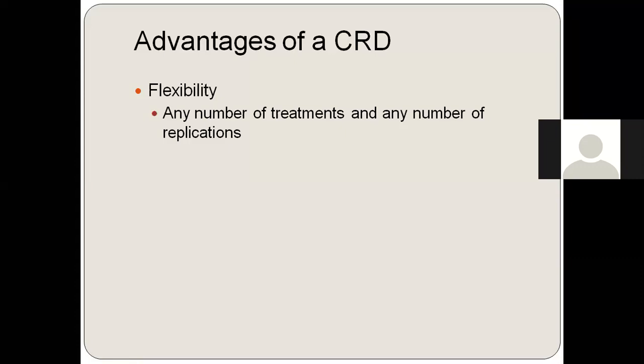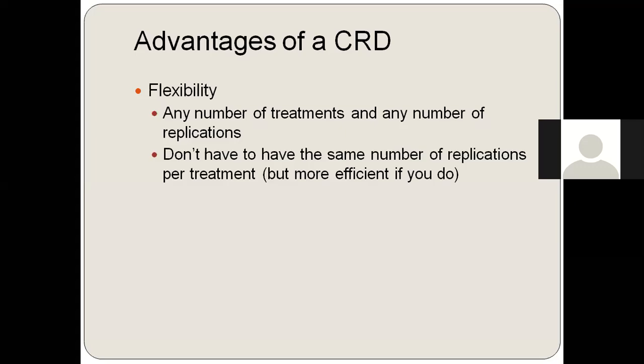But the only difficulty is that the estimations will be different. The precision of the estimation will differ, right? But we can have a different number of replications per treatment.